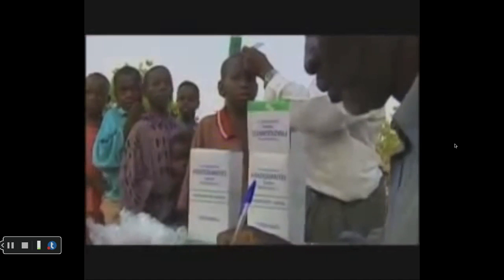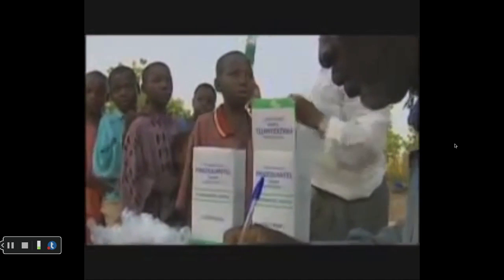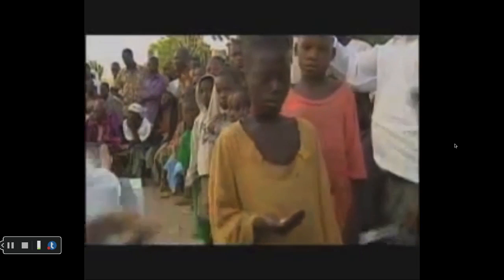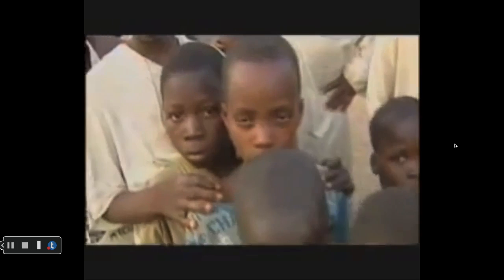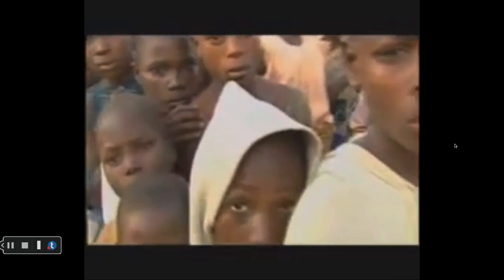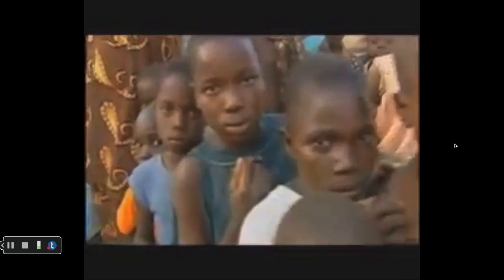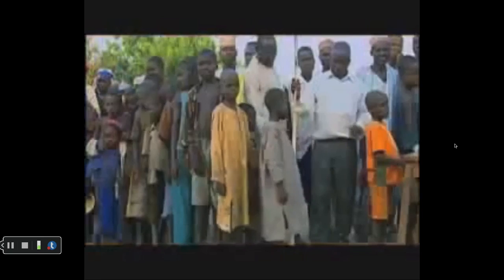So we've seen a decrease from over 50% of children having blood in their urine to now less than 5%. Once treated, children are more alert in the classroom and score better on tests. They grow taller and gain weight, an opportunity all children deserve.